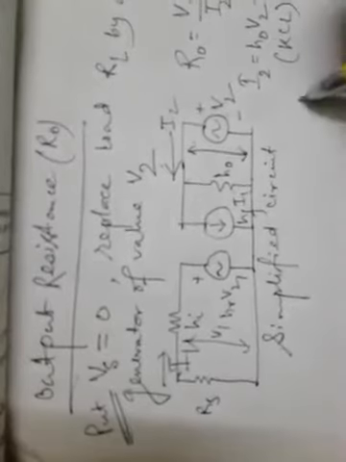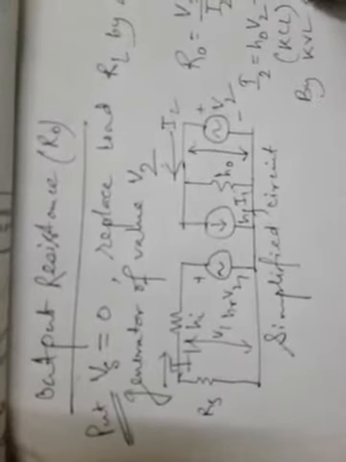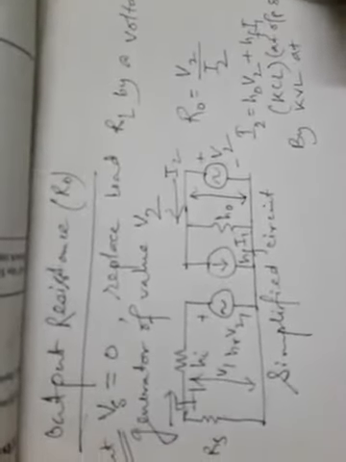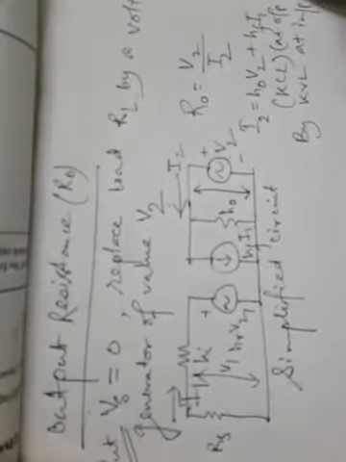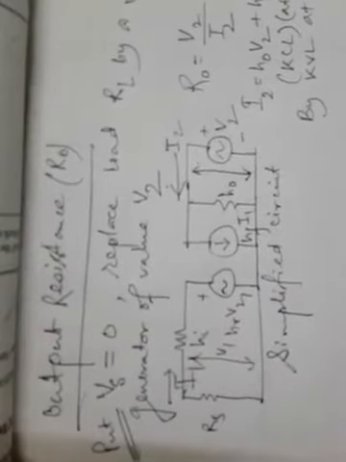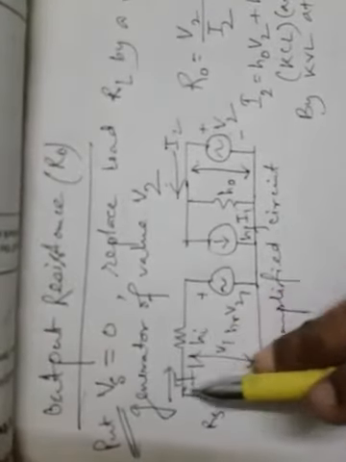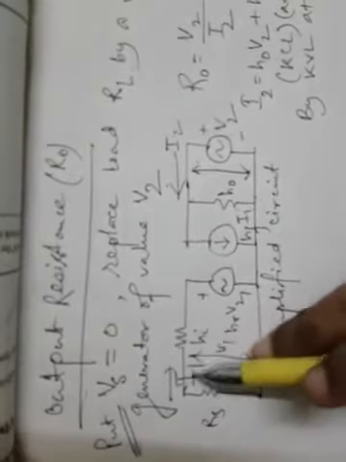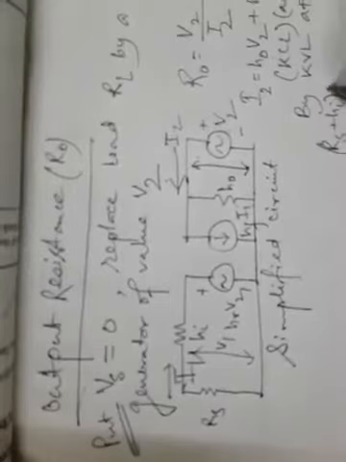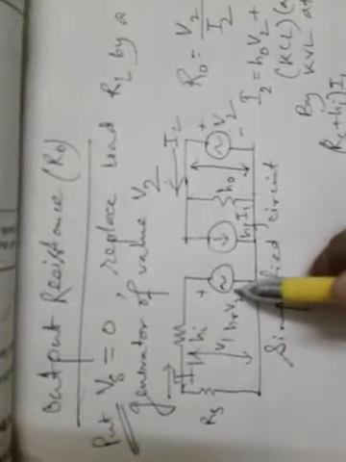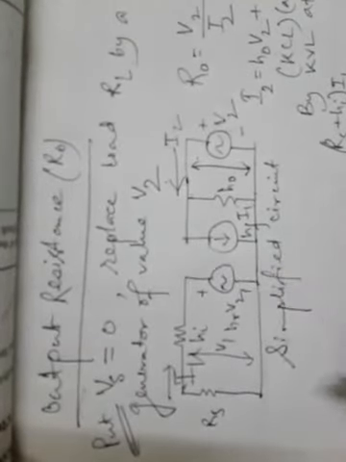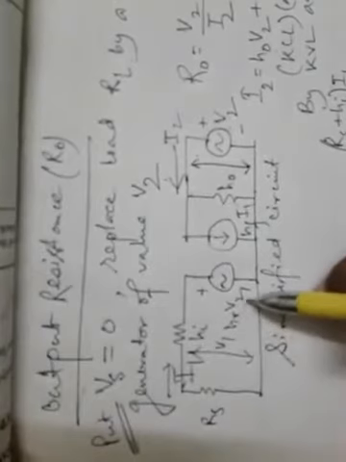Now if we apply KVL at the input side, in this loop, or rather in this mesh, the sum of these two resistances into this current, that is RS plus HI into I1, the total drop in these two resistances, will be equal to the voltage source value, that is HRV2.